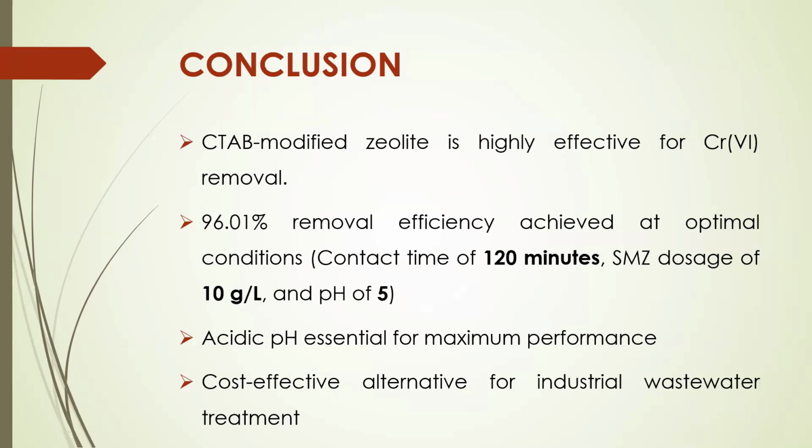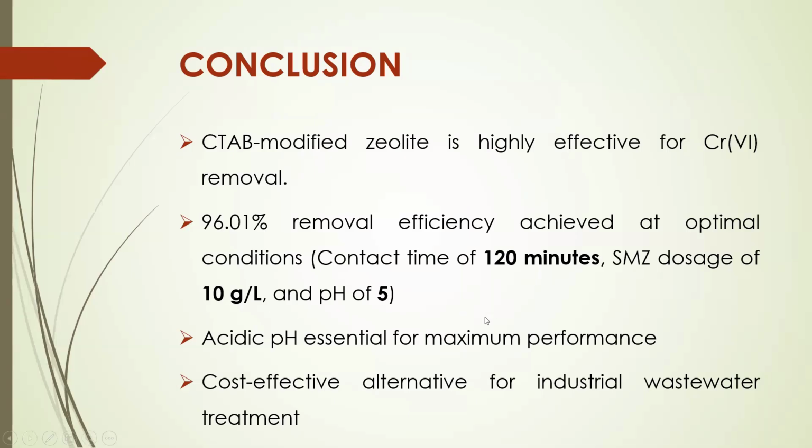In conclusion, first of all, surfactant-modified zeolite is highly effective for chromium-6 removal. This is not a marginal improvement, it's a transformative modification. Second, we achieved about 96% removal efficiency at optimal conditions: contact time of 120 minutes, SMZ dosage of 10 grams per liter, and a pH of 5.